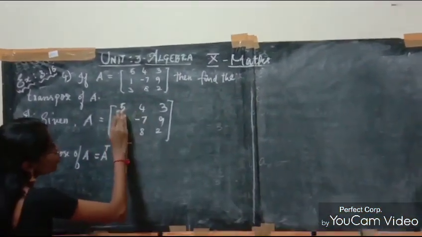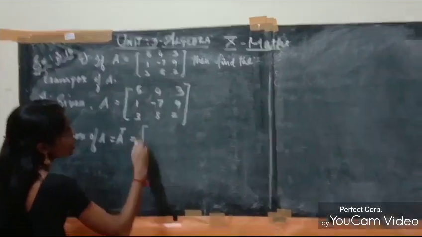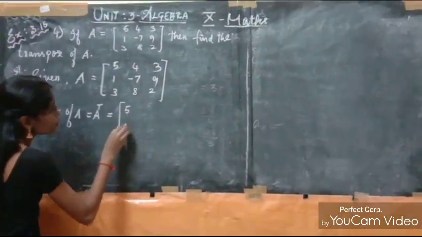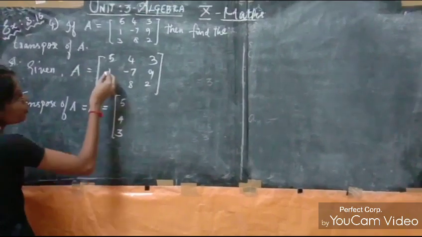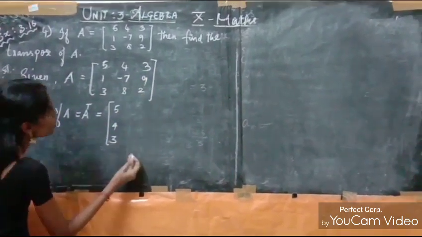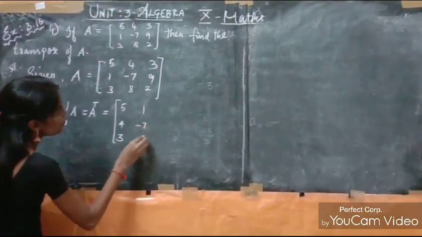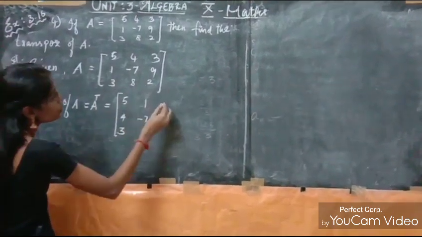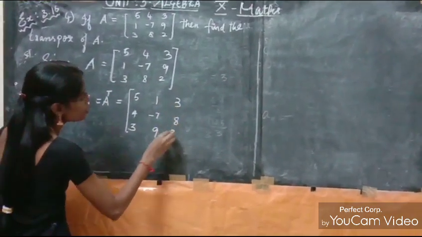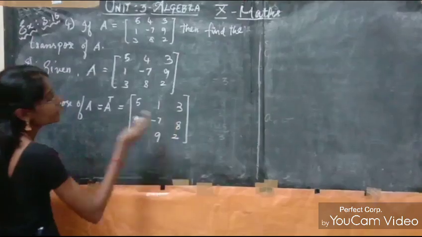Here 5 4 3 is the row value. Interchange this row, write it as a column. 1 minus 7 9 row, write it as a column. 3 8 2. The rows and columns are interchanged.